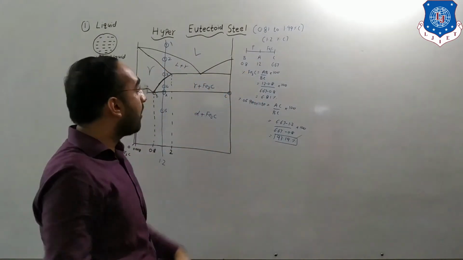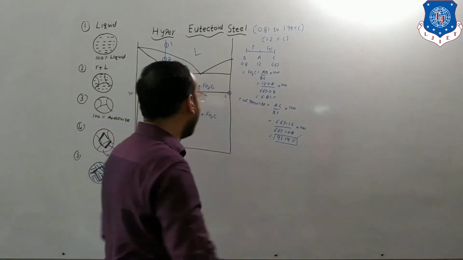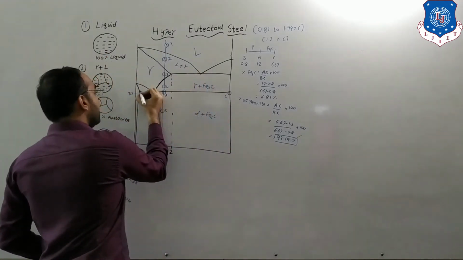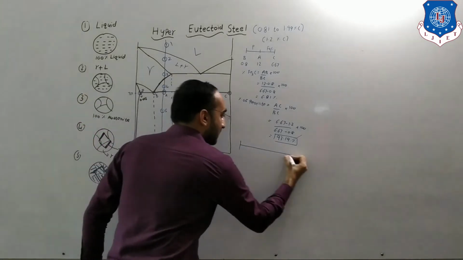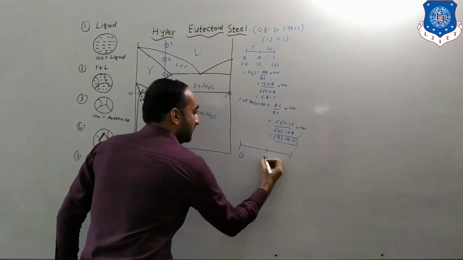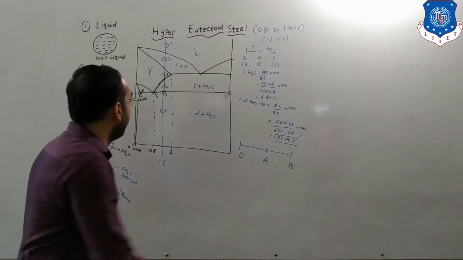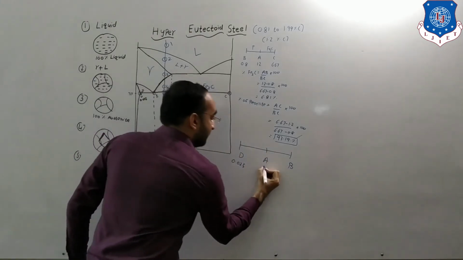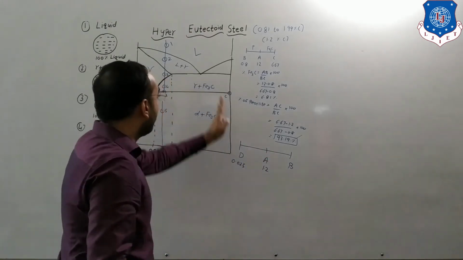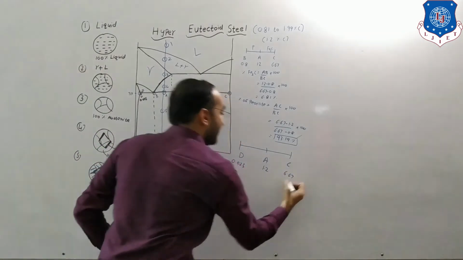Same thing we can do if we want to find cementite and ferrite, then our point will be this D point. So how do these A, B, C, D occur? D point will be 0.025, A point will be 1.2, and your C point will be 6.67.